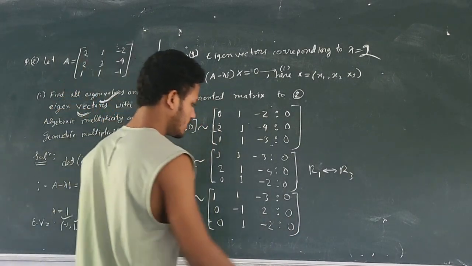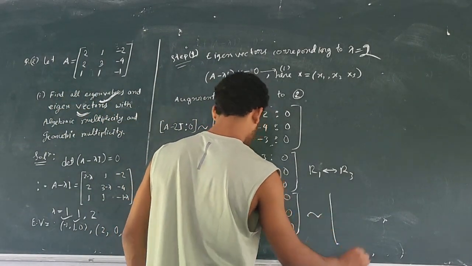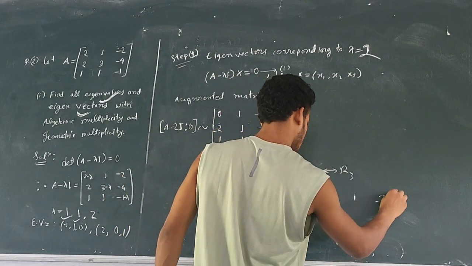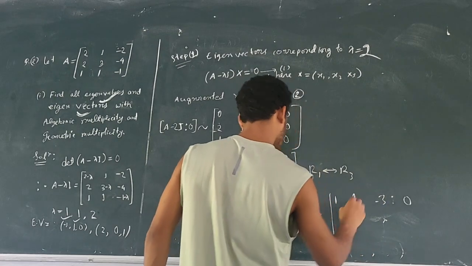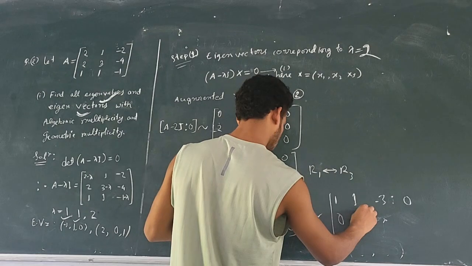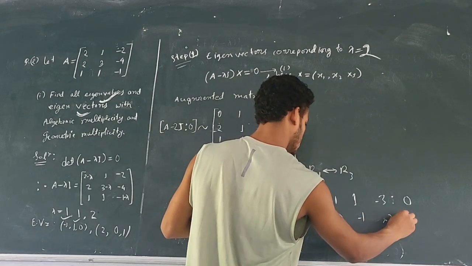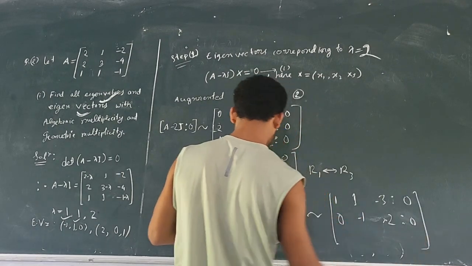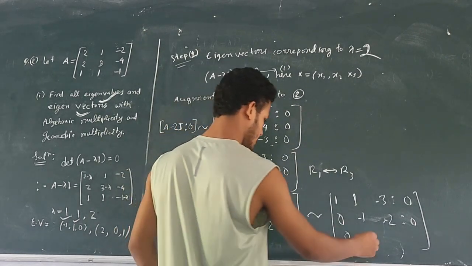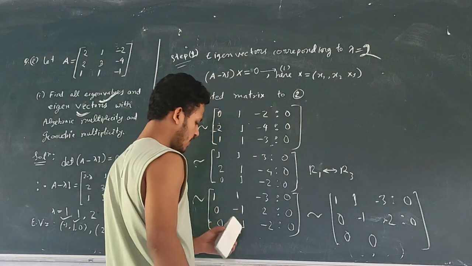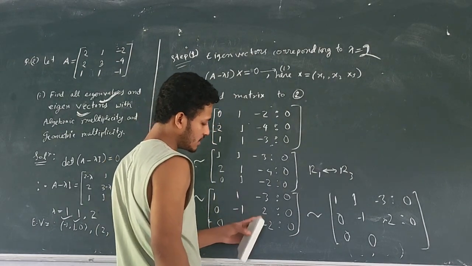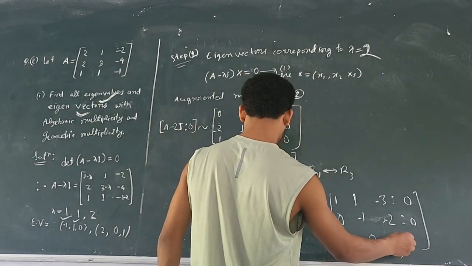Now you will get 1, 1, minus 3, 0, then 0, minus 1, 2, 0, and 0, 1, minus 2, 0. Then perform R3 goes to R3 plus R2, which gives 0, 0, 0.